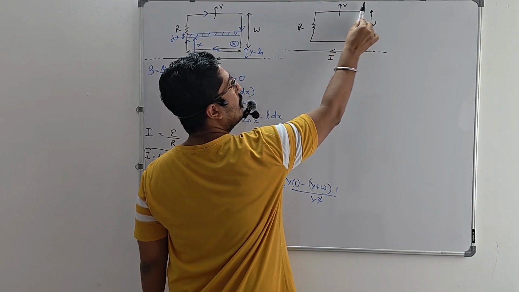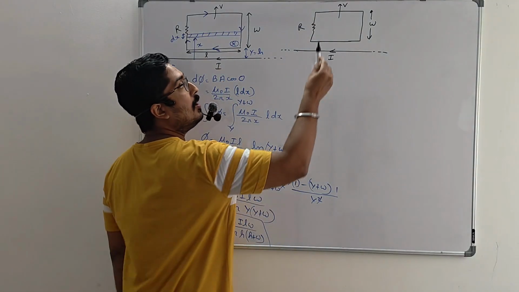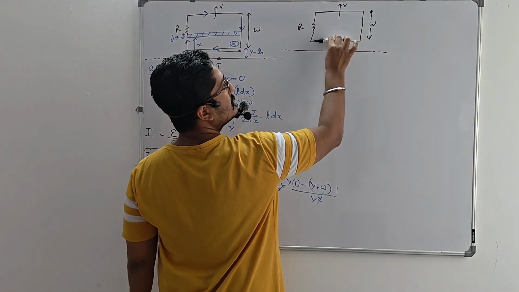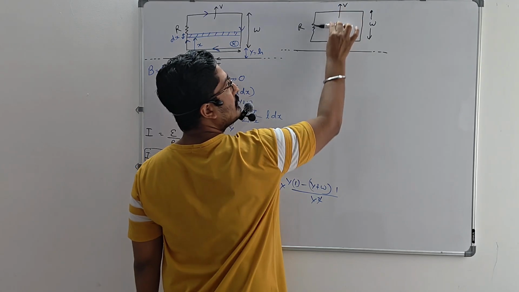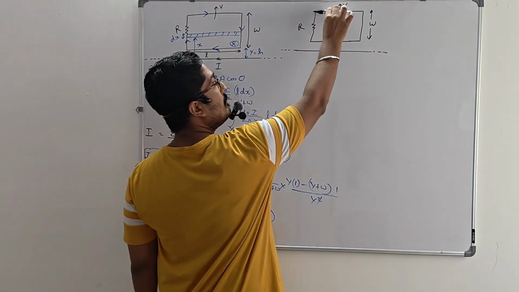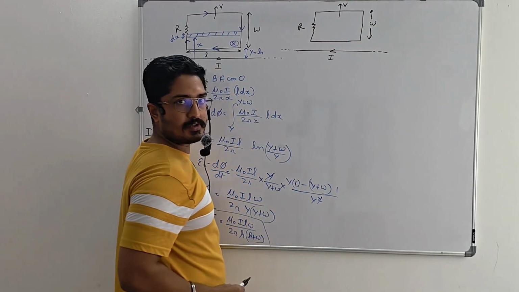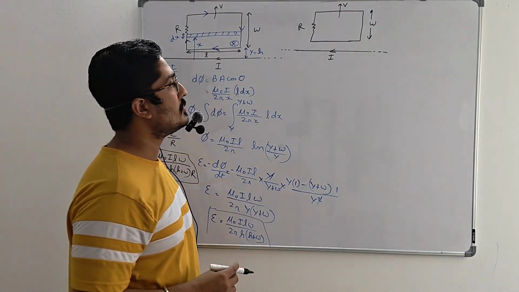And because they are parallel, what about the EMF induced here? Answer is 0. What about EMF induced in these two sides? Are these two sides parallel to velocity or perpendicular? They are perpendicular. So we will be getting EMF across these two sides, but no EMF at these two positions. That is one very important concept you should understand.